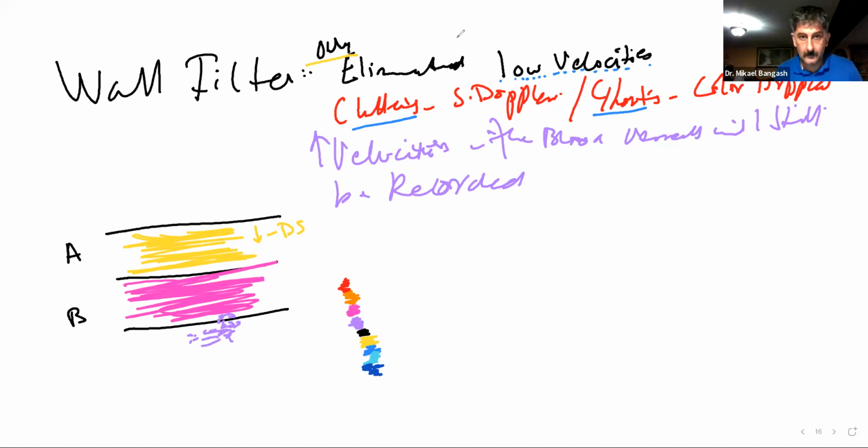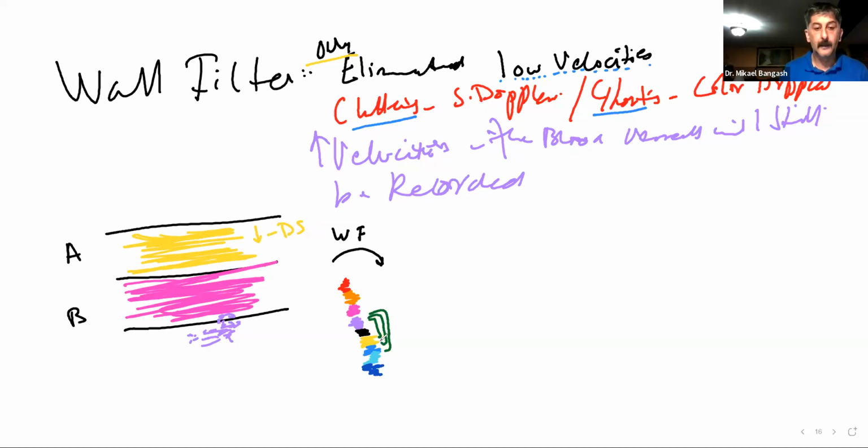Now, ladies, when we apply the wall filter, what you will practically see right next to your zero Doppler shift marker is a little marker or bracket that may keep on expanding as you increase the wall filter.